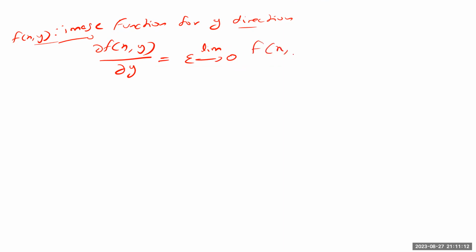If x remains constant, it will be f(x, y plus epsilon) minus f(x,y), divided by epsilon, right?